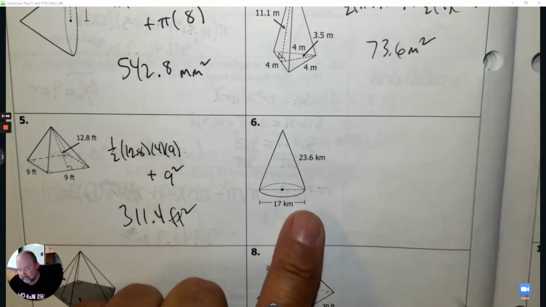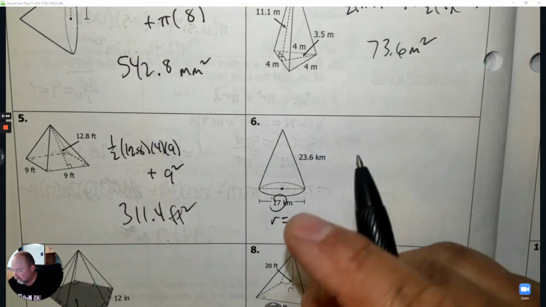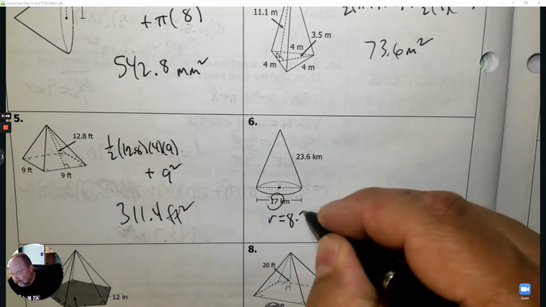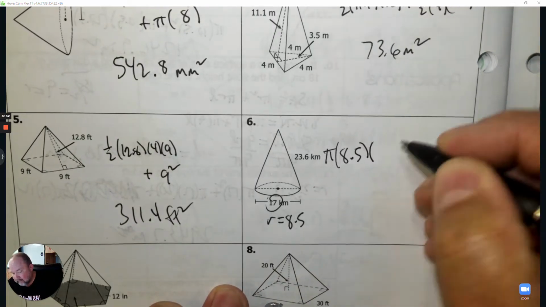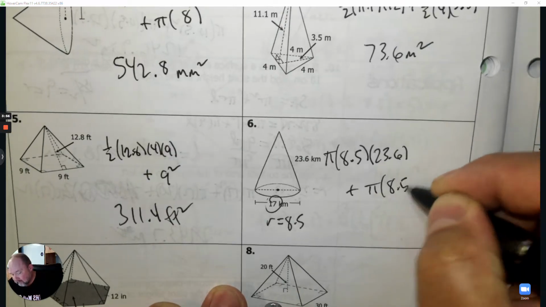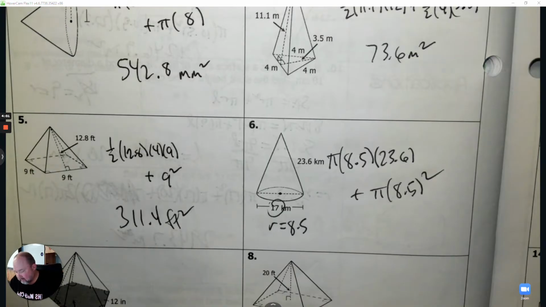Back to a cone. So the radius, you have to divide this by 2. So 17 divided by 2, 8.5. So I need to use that number. So it's pi, and then the radius, and then the slant height, plus pi r squared. So I need to use 8.5, and then type it in your calculator.